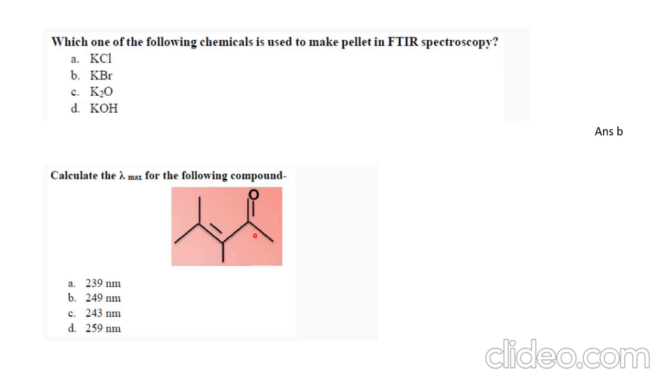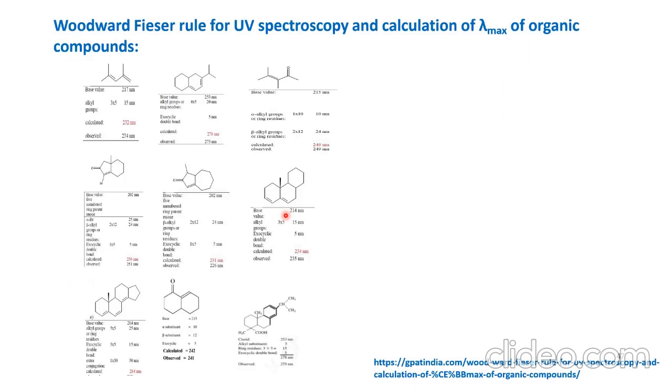Yeah, exactly. So for this kind of structure, the base value should be 215 nanometers. Then alpha alkyl groups are present.